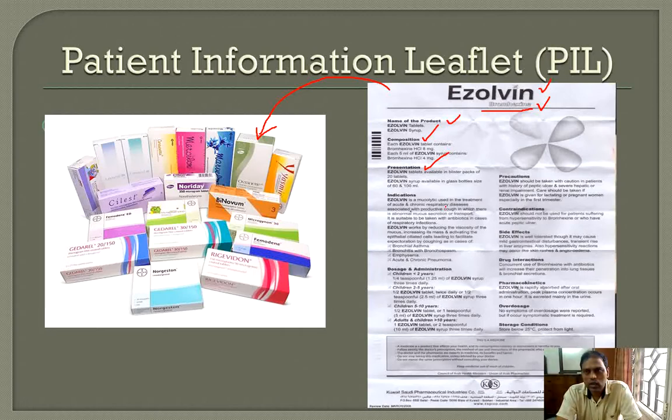It says the Isolvin tablet is available in a blister package of 20 tablets. Then Isolvin syrup is available in glass bottle size of 60 and 100 ml. How it is presented to you, or what are the different forms it comes with, that's what is given there in the presentation. Then indication, what disease it is indicated for.